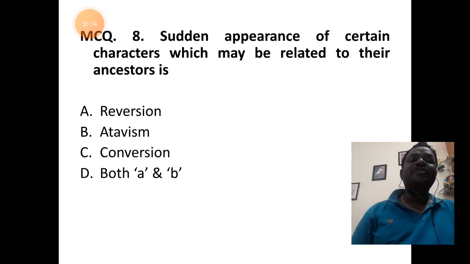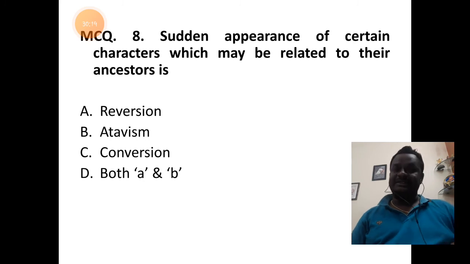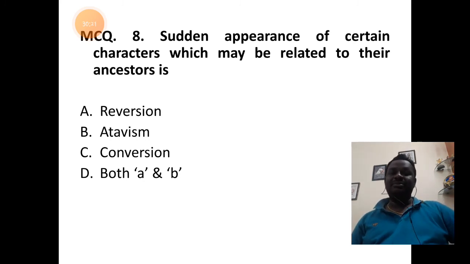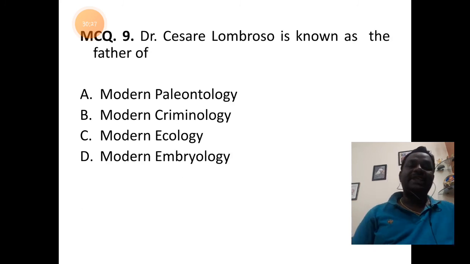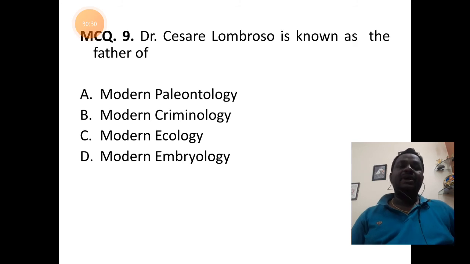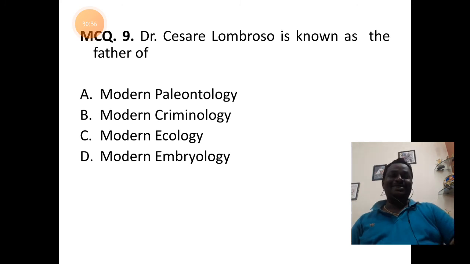Sudden appearance of certain characters which may be related to their ancestor is atavism, also called reversion. So answer should be both A and B. So D is the answer there. Dr. Cesare Lombroso is known as the father of modern criminology. So answer is B.